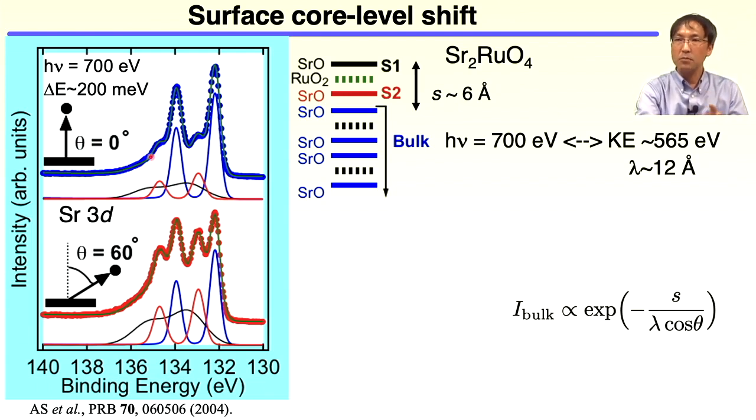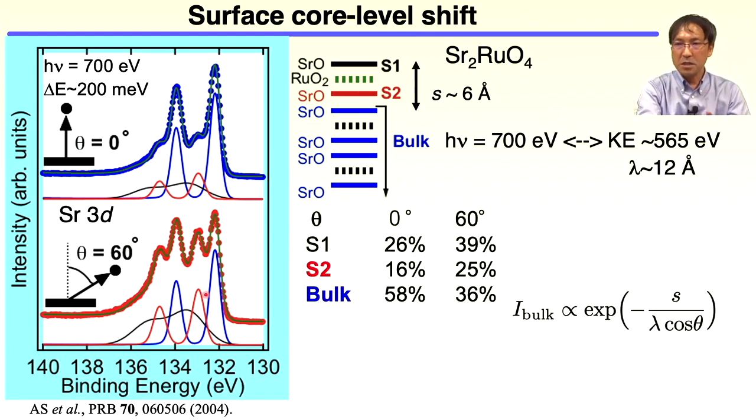At the normal emission with a polar angle theta of 0 degree, we see the shoulder structure at just the higher binding energy side of the sharp peaks. This shoulder structure becomes a peak in the spectrum of the polar angle theta of 60 degrees, which is a more surface sensitive condition with grazing emission.